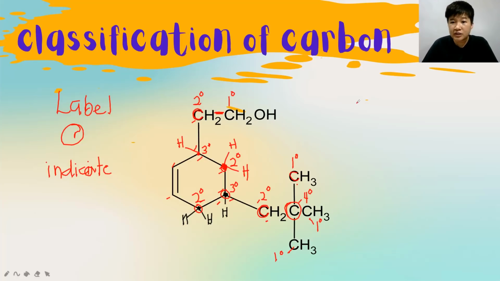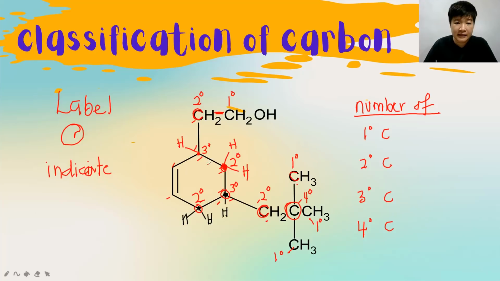But when the question asks for the number of primary carbon, secondary carbon, tertiary carbon, and quaternary carbon, we are not going to stop at labeling and indicating. We are going to calculate the total of primary, secondary, tertiary, and quaternary carbon in the structure.